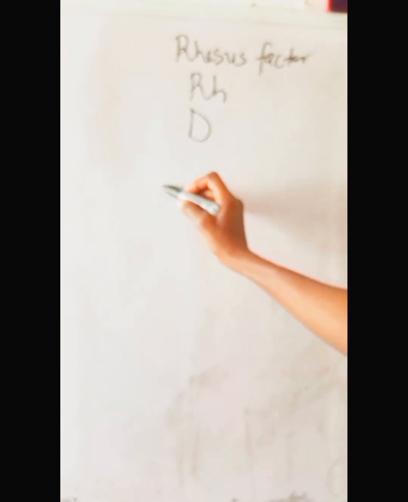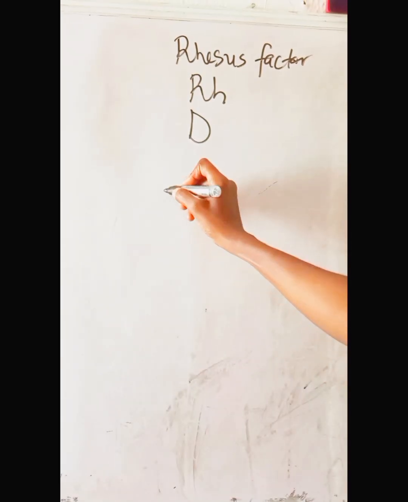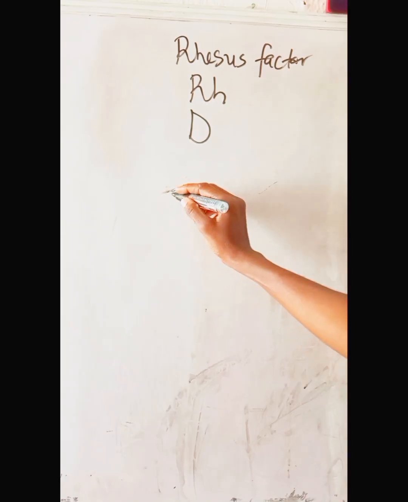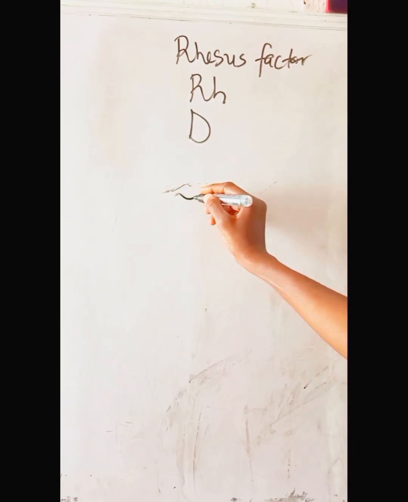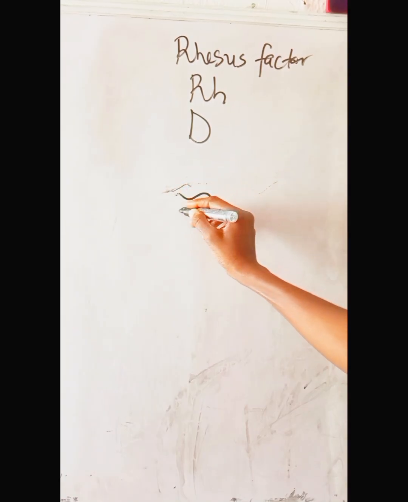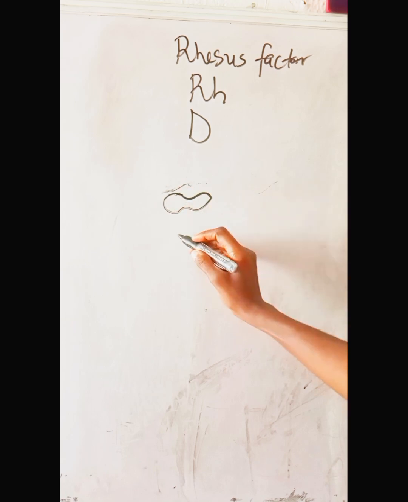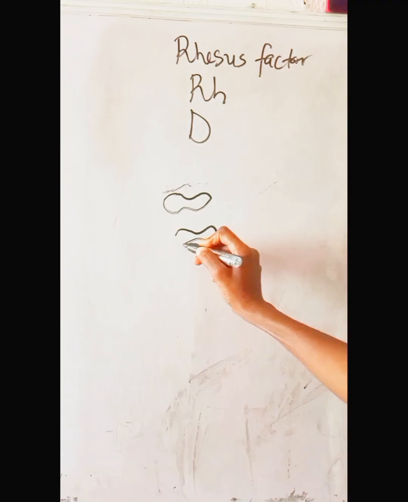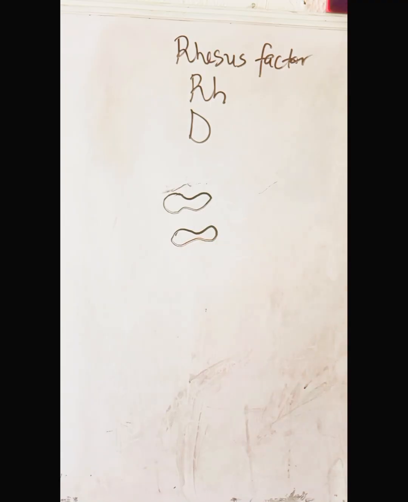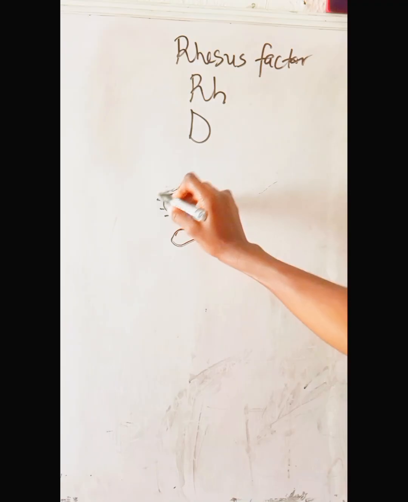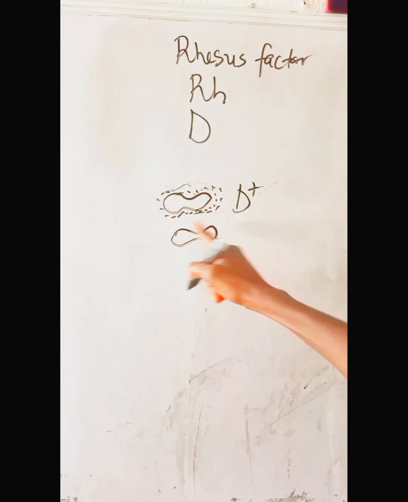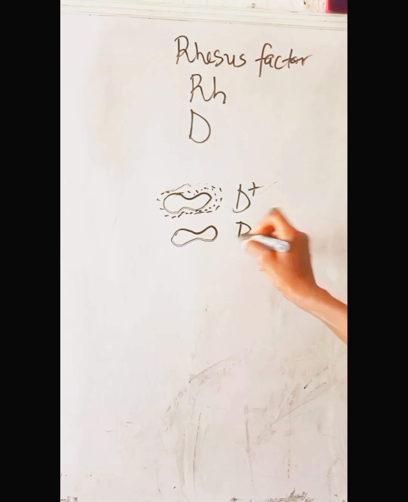So if this is your red blood cell, biconcave, if you have the Rhesus factor antigens scattered, Rhesus positive. If you don't have, Rhesus negative.